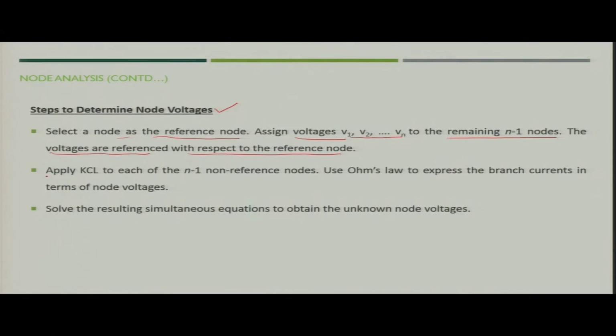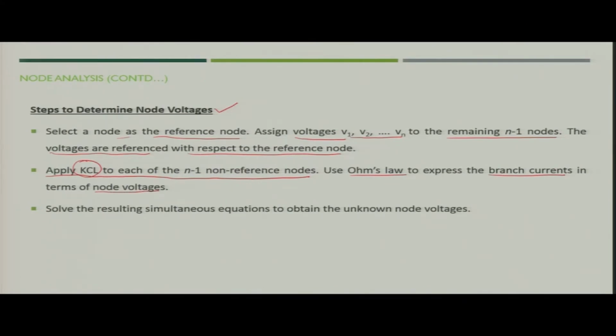Now, you have to take the n minus 1 non-reference nodes, that is, the nodes other than the reference node, and apply Kirchhoff's current law and use Ohm's law to express the branch currents in terms of node voltages.